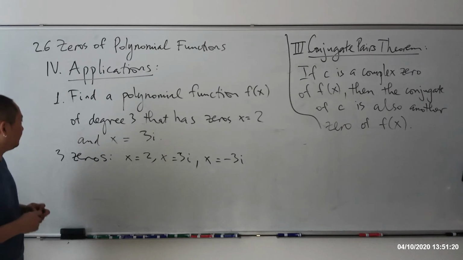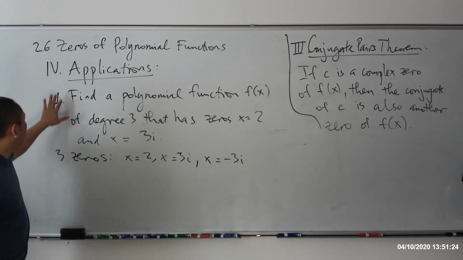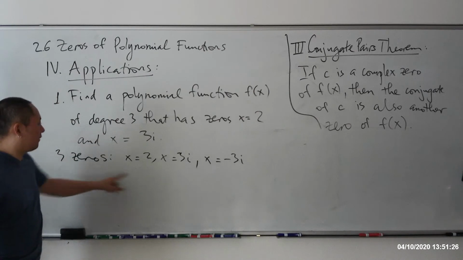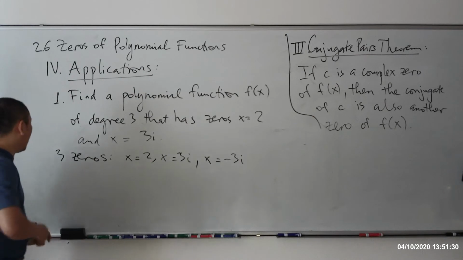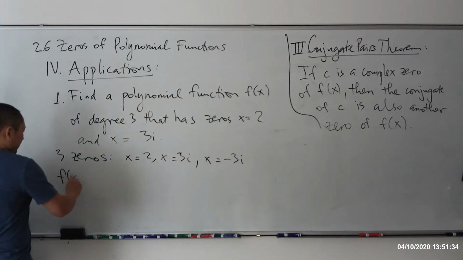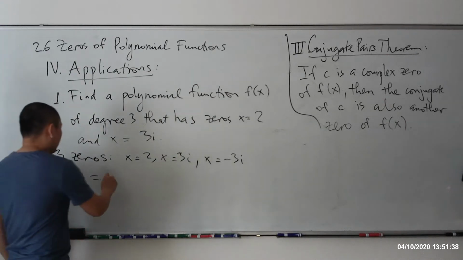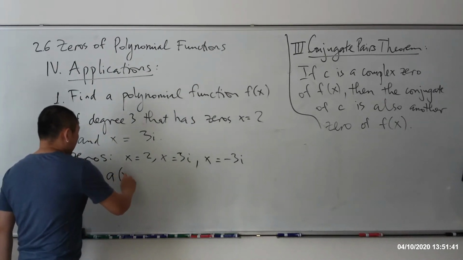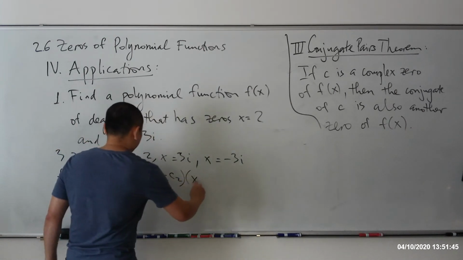And that's all the zeros that the function may have, because by the first theorem, a polynomial of degree 3 has 3 zeros. You found them. And the second theorem says you can rewrite the polynomial function f of x equal to the leading coefficient times x minus c1, x minus c2, and x minus c3.